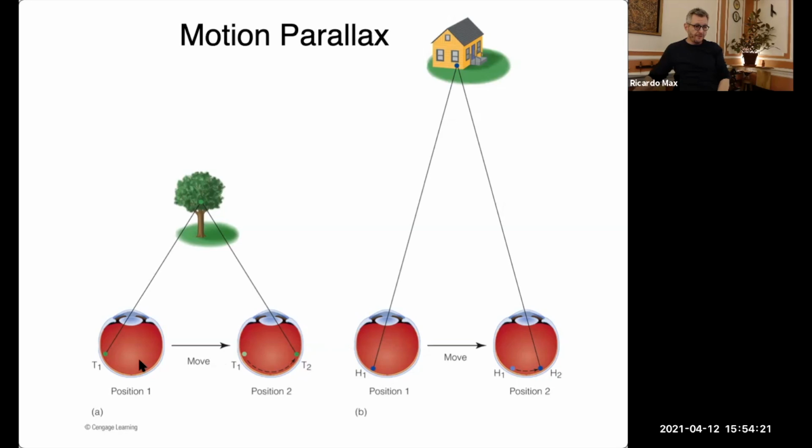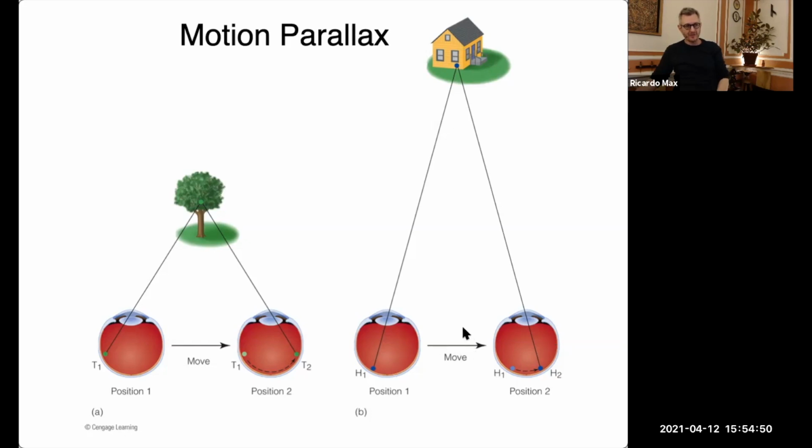So if your head moves the same distance, a close by object will have a larger displacement on your retina than a further away object.